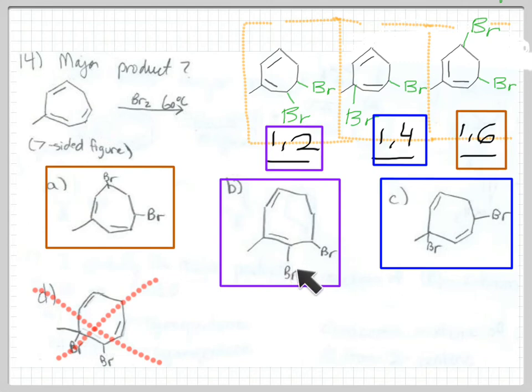Now you could argue that the lone pairs on the bromine are going to help that bromine become part of the conjugated system, and the more conjugated system is going to be more stable. Or you could argue that the bromine over here has an inductive influence which removes electron density from the conjugated system, destabilizing it and making it less stable.